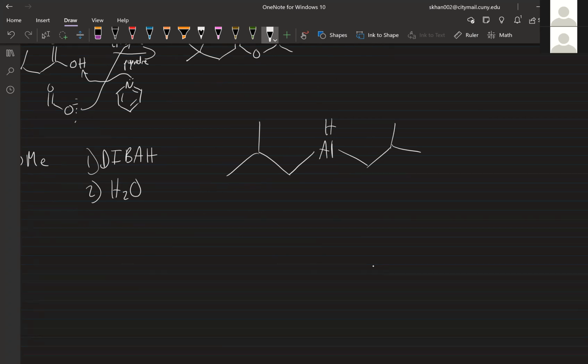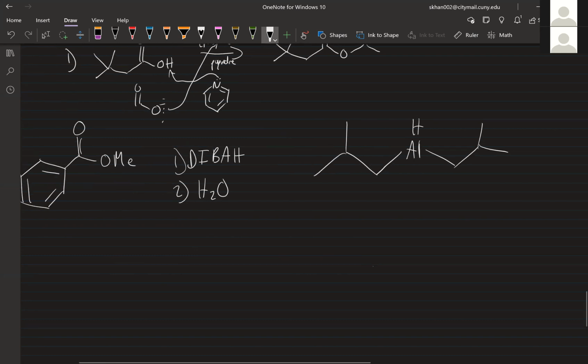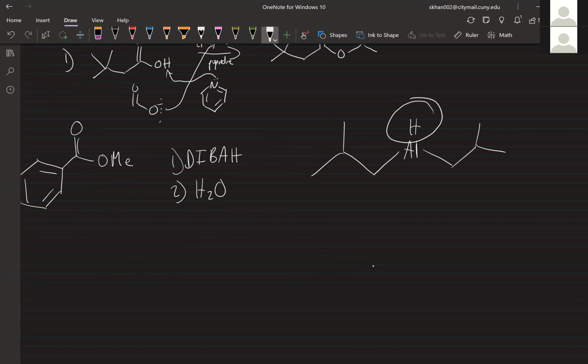As people said in the chat, it's not as strong as LAH. LAH is stronger. This delivers only one hydrogen, H minus. It's still H minus, it's just not as powerful.